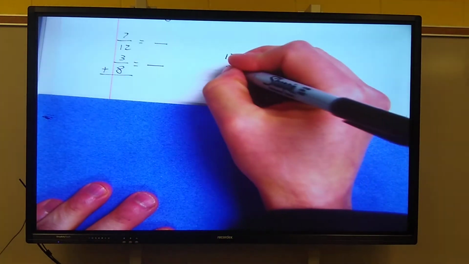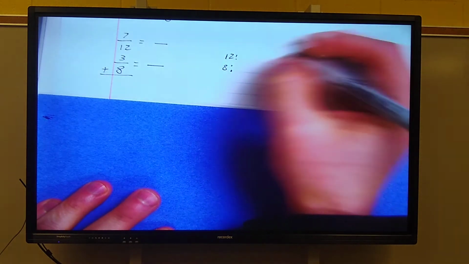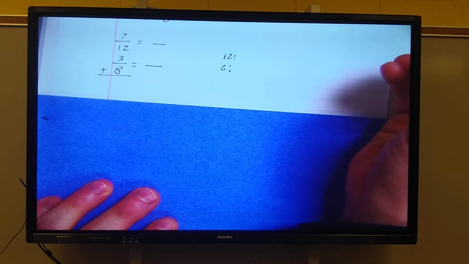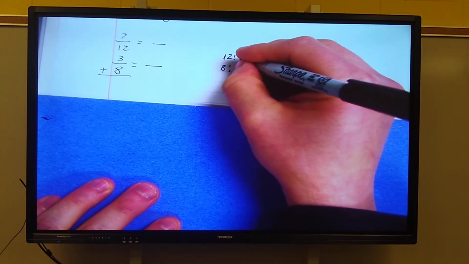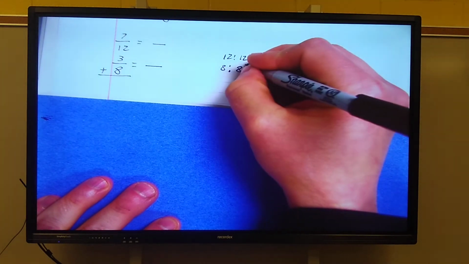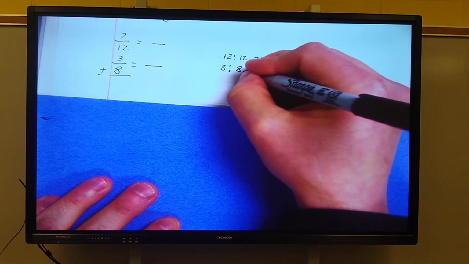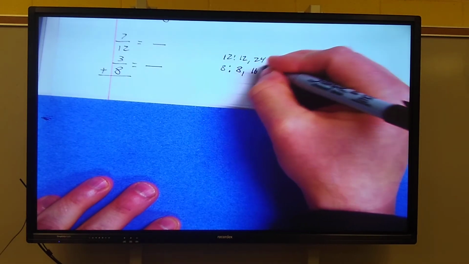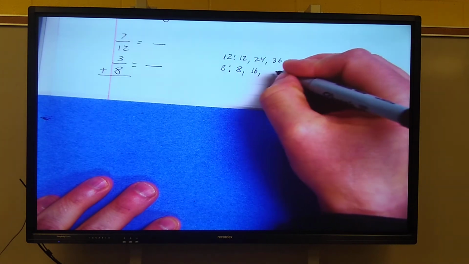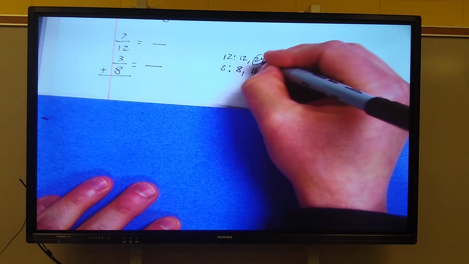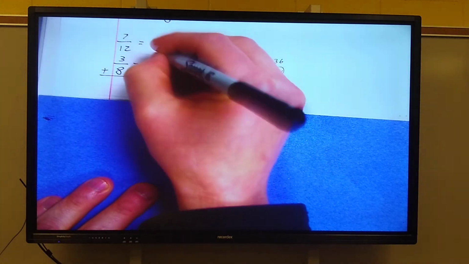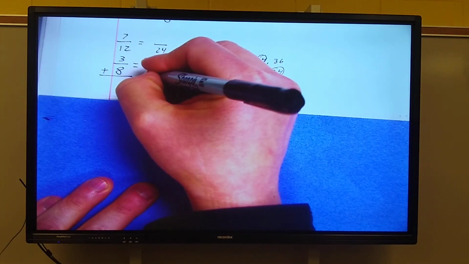I got to find the multiples of 12 and 8 until I find one that is the same. So, 1 times 12 is 12. 1 times 8 is 8. 2 times 12 is 24. 2 times 8, 16. 3 times 12, 36. 3 times 8, 24. And there we have it. The same right there. 24 becomes my denominator.